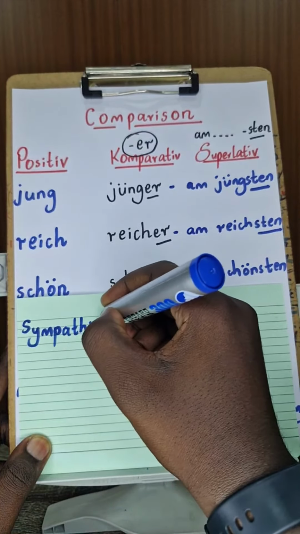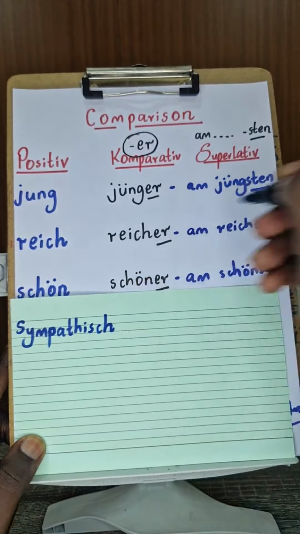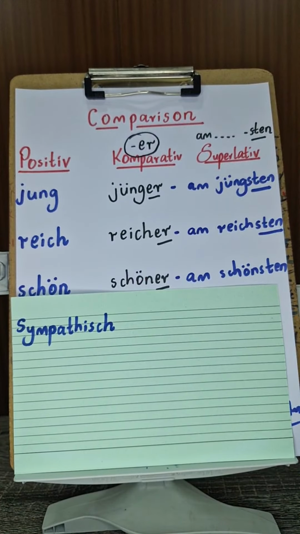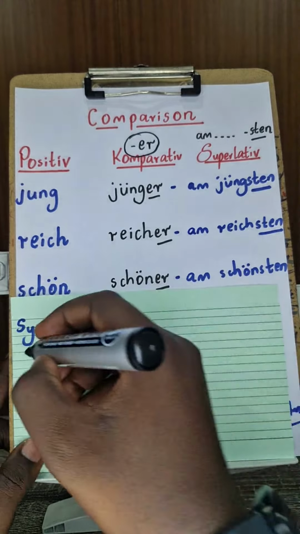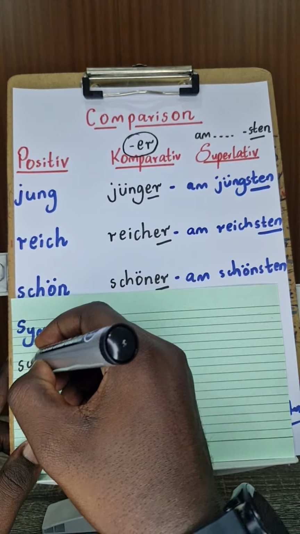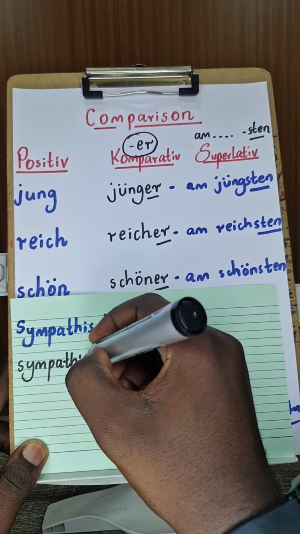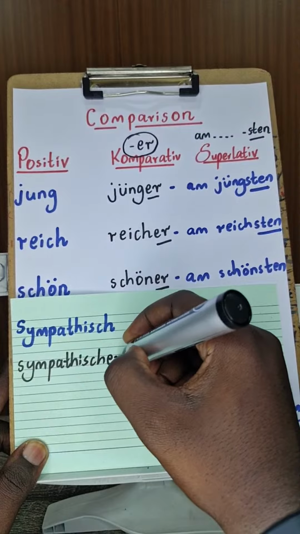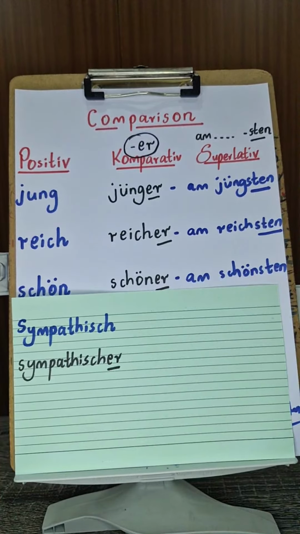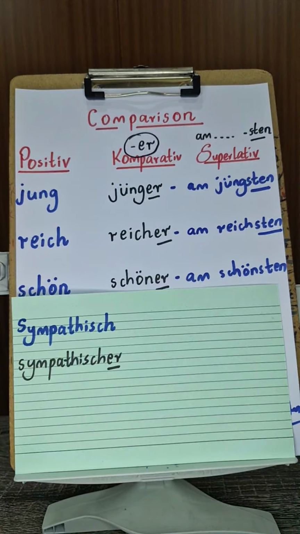Sympathisch simply means sympathetic or likable. So sympathisch, in the comparative, I add my er, and I would now say sympathischer. Sympathisch now becomes sympathischer.